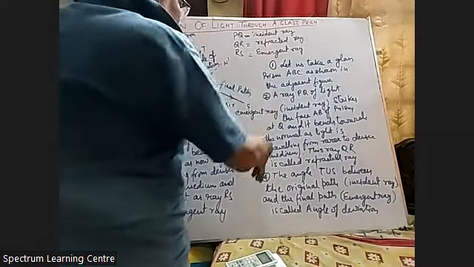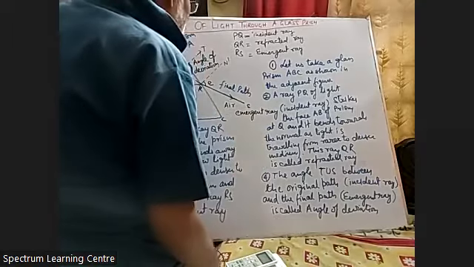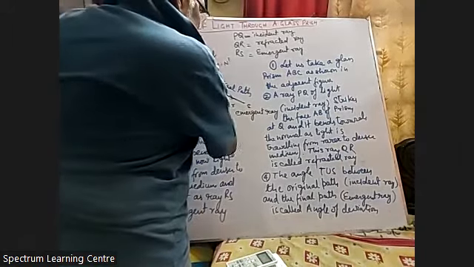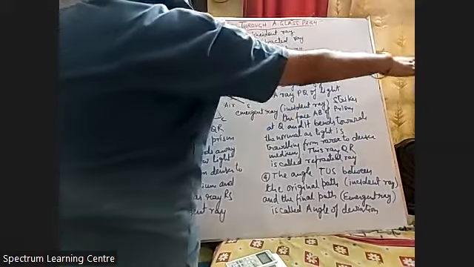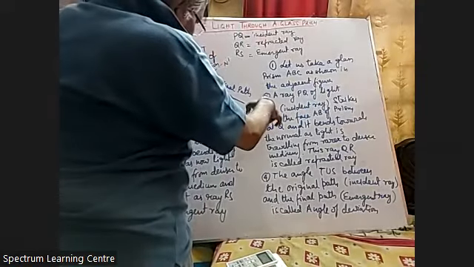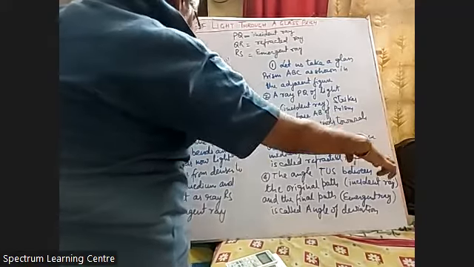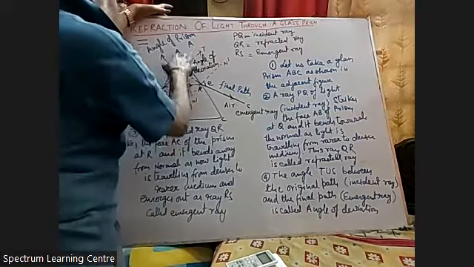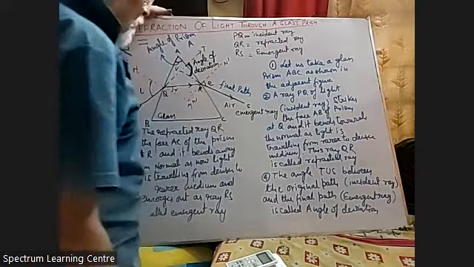Till the time further refraction happens. Ideally, I have taken this entire area, so it will go in a straight line. It would have also gone in a straight line had the prism not been there.